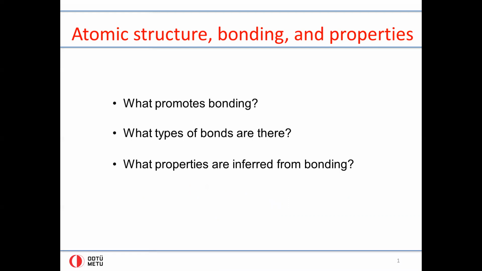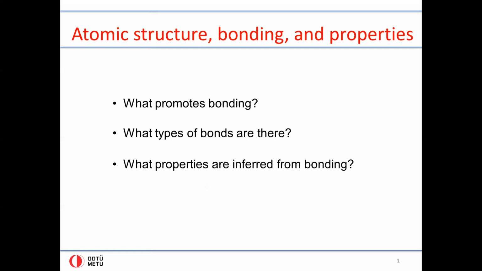So some questions that one might ask is what promotes bonding of atoms? So why do atoms bond to each other? What types of bonds are there? And what properties can be inferred from bonding?